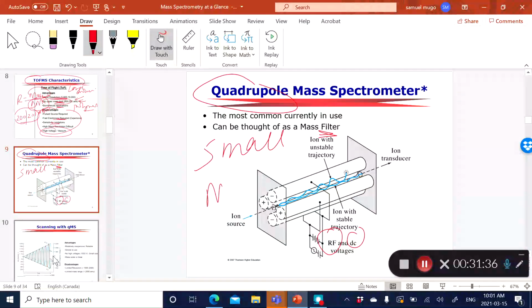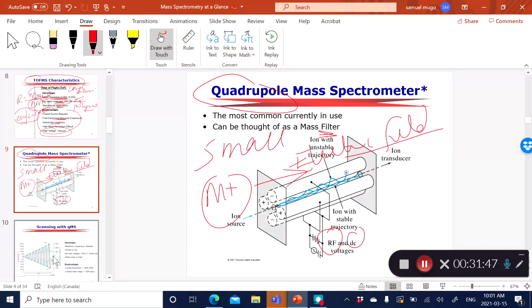Meaning, if I've got an ion and I expose it to an environment of an electric field, it gets deflected. So the way it works is the following. I've got an ion source here, so the analyte is going through the ion source. It gets ionized, okay? And of course, there are many ions as well.